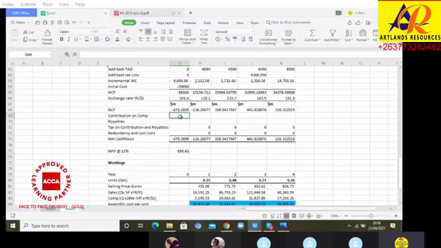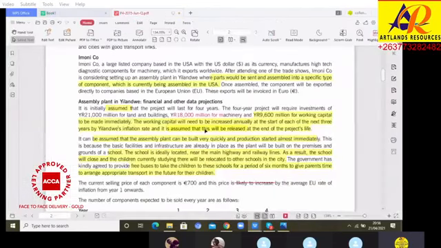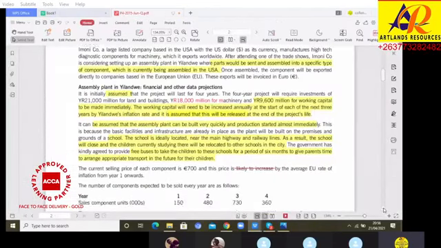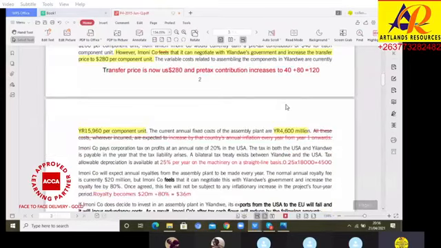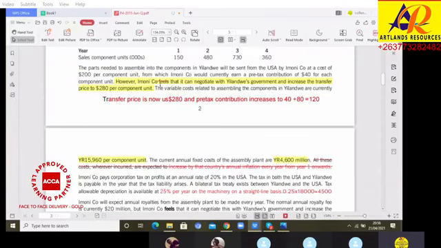Now we are on contribution. This is how you will be working. So you just scroll down to contribution. Contribution, we have calculated it already in the notes when we were reading the question. It's now 40 plus 80 because we increased the price to 280. Contribution was 40 when the price was 200.